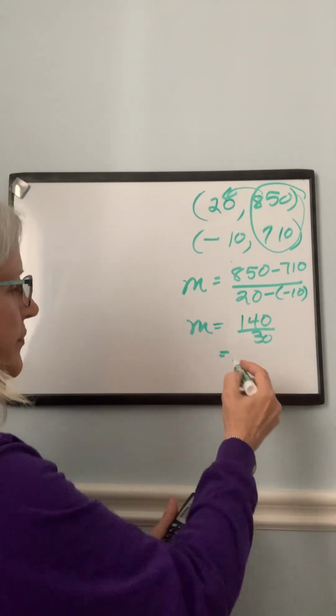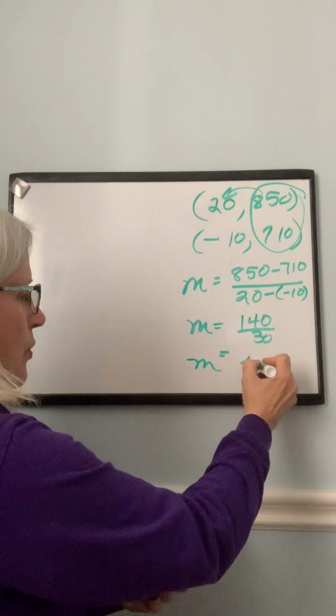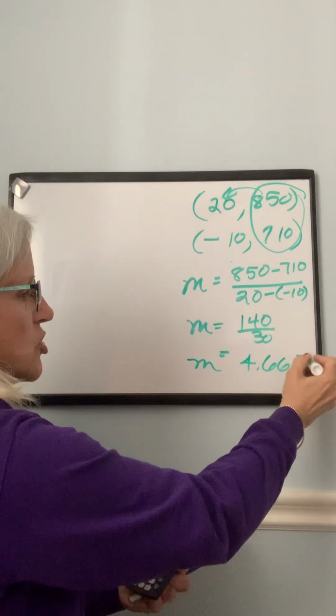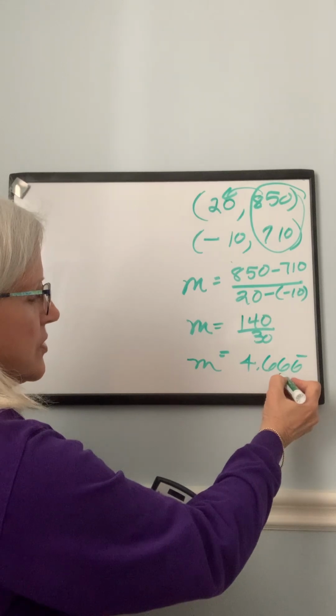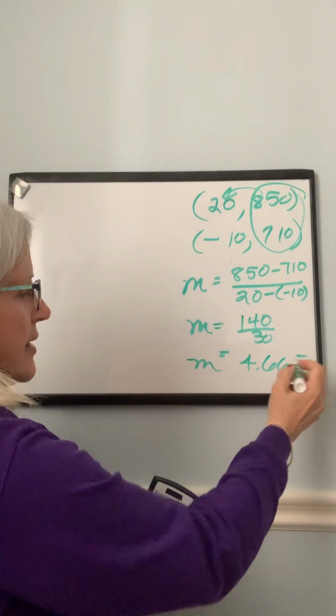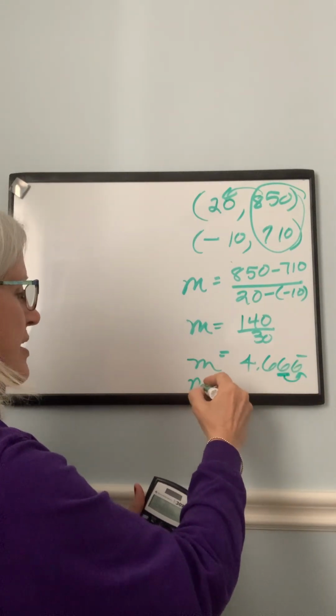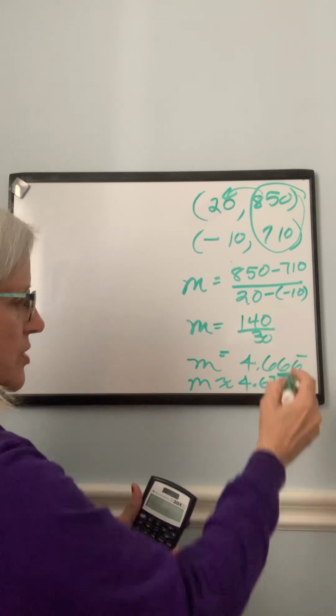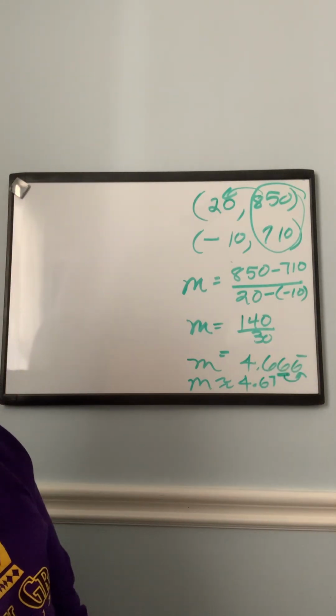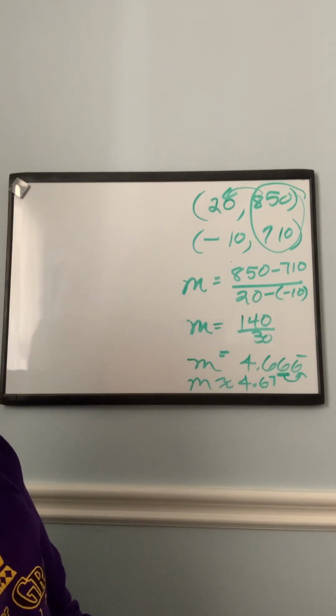And I get a numerical value of 4.666, and it just keeps going. So if I had to round off, say I round off to the hundredths place value, I would look behind it. And my rounded off answer would be 4.67. So that would be my slope. And it's okay to have a decimal. Just make sure you read the directions so you'll know how to round off correctly.